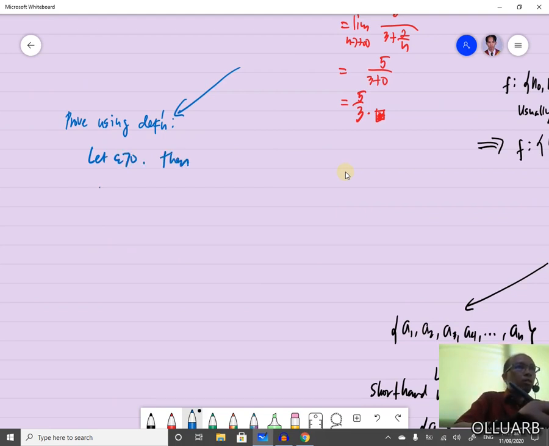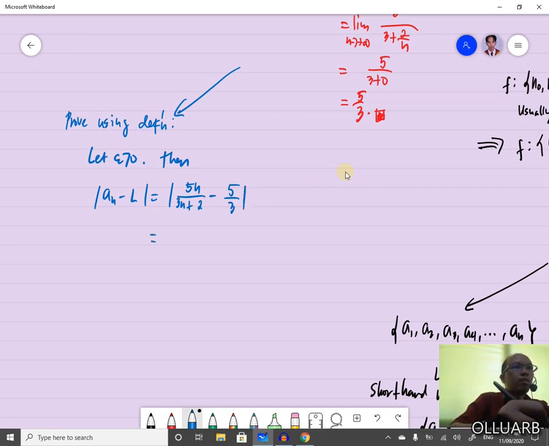Then let's try to solve a sub n minus L. As you can see, our limit is 5/3, so our function is 5n over 3n plus 2, minus 5 over 3.